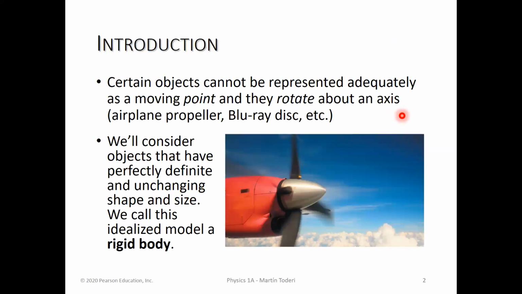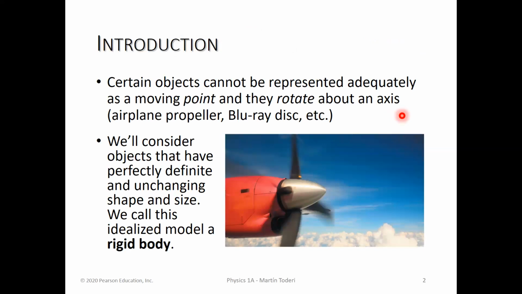Okay, so certain objects cannot be represented as a moving point, as we discussed before, and they rotate about an axis, right? Let's think about an airplane propeller, a disc, whatever, it's rotating about an axis.